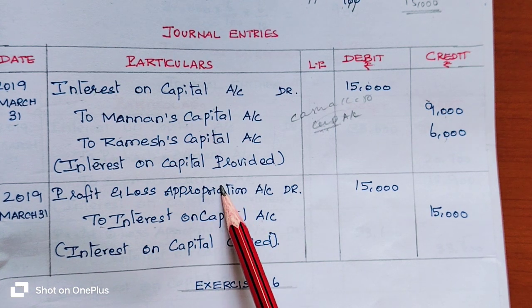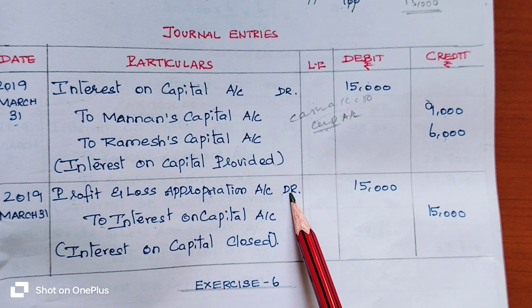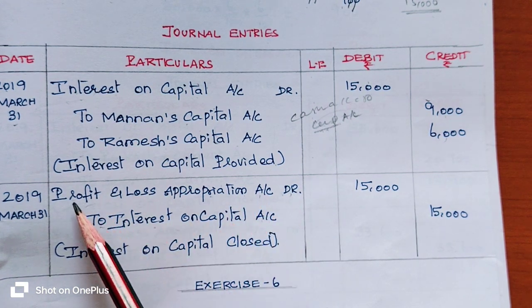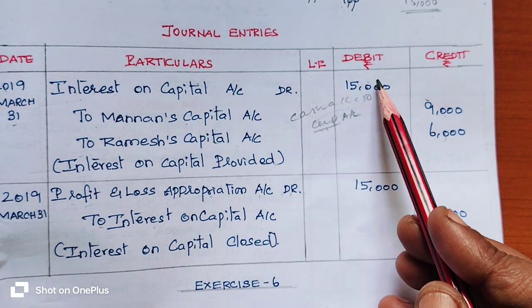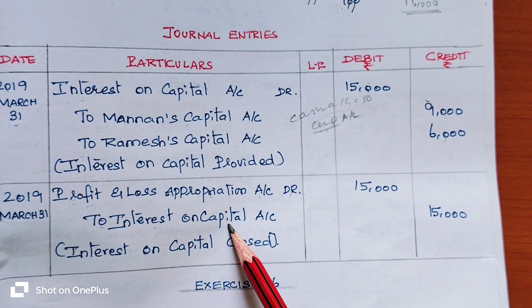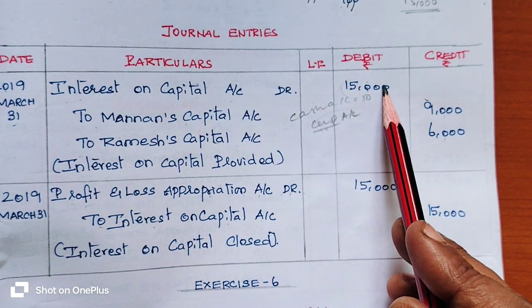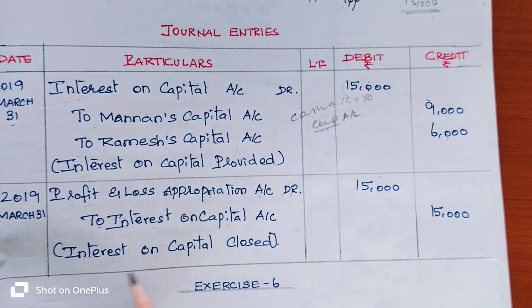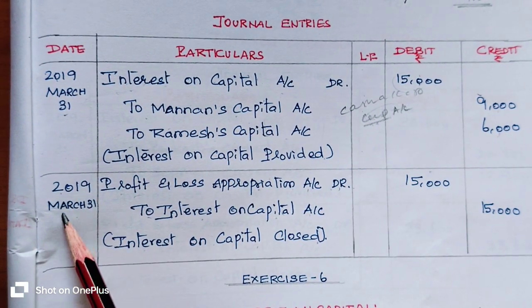In opposite, on the debit side, you have to write profit and loss appropriation account debit, the transferring entry. The closing entry is profit and loss appropriation account debit to interest on capital account, 15,000 rupees you have to enter. Why? Because you are closing the interest on capital, so you have to take the interest on capital amount, 15,000 rupees. The narration is interest on capital closed. The same date you have to enter here, 2019 March 31.